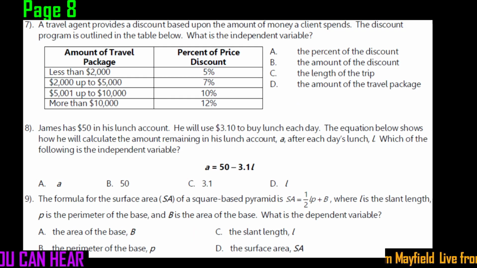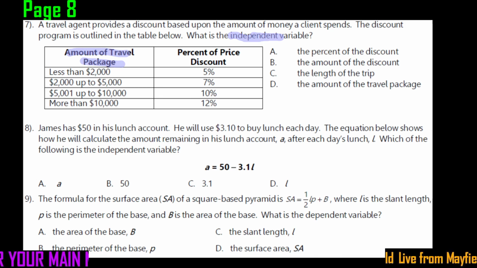And in those bottom 3, it says a travel agent provides a discount based upon the amount of money a client spends. The discount program is outlined in the table below. What is the independent variable? If you notice, this is the measured amount, where this is the result of the discount. So if we're looking for the independent variable, we're going to be looking at those x values.